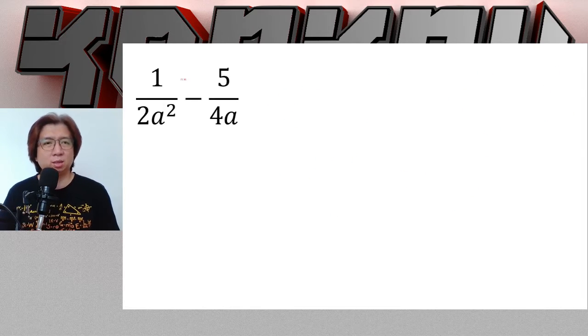Alright, next one. 1 over 2a squared minus 5 over 4a. Okay, so notice that they have different denominators. This is 2 and this is 4. Now to make it 4, I have to multiply it by 2 over 2.